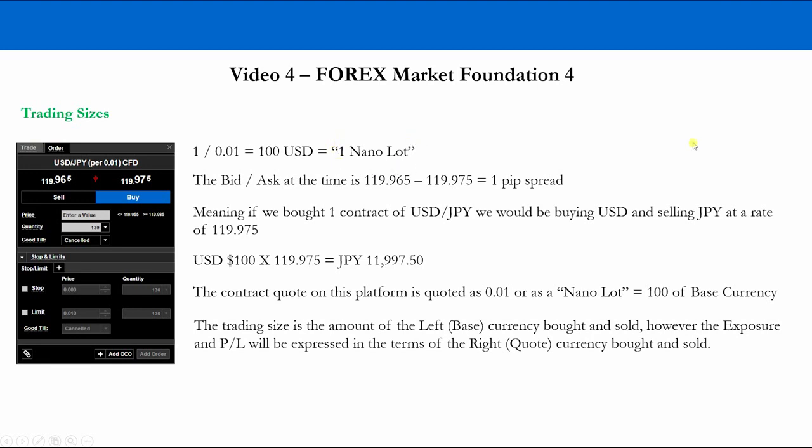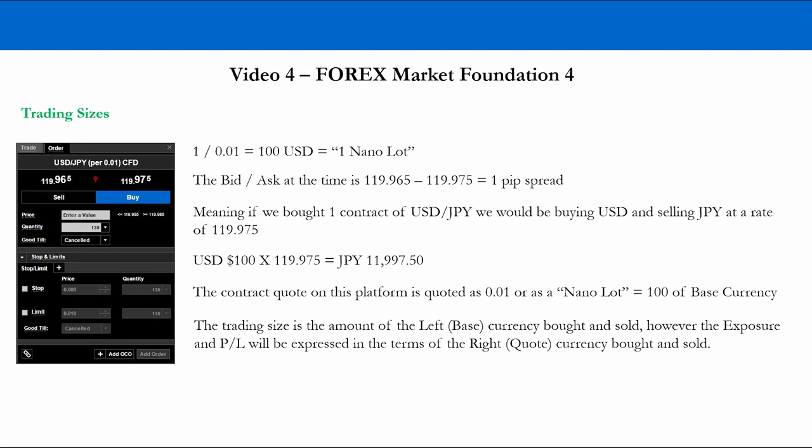And that's equal to what we use in terms of language in the Forex markets, that's equal to 1 nano lot. So the bid/ask at the time in this situation is 119.965 to 119.975. So this provides a 1 pip spread to the Forex pair dollar yen.